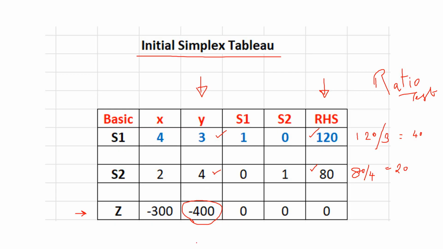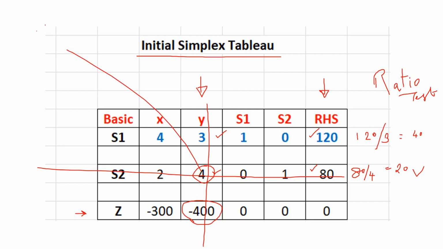So how did you find that? First you find the most negative, then you draw a line here, then you find out the ratio. So 120 by 3 and 80 by 4. Okay. Now this is what you have. Then from this, this is the minimal value. So from here, if you draw a line, they meet at this point.